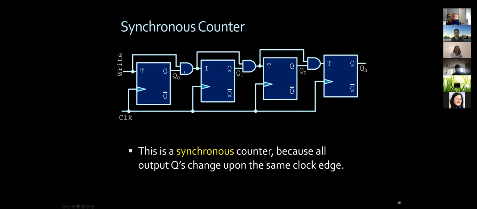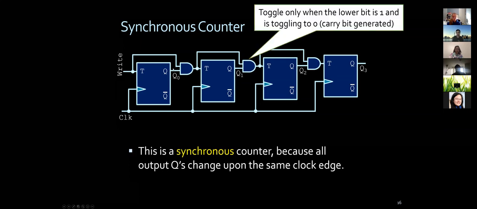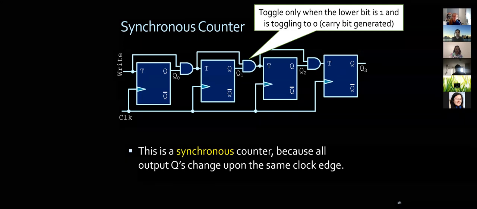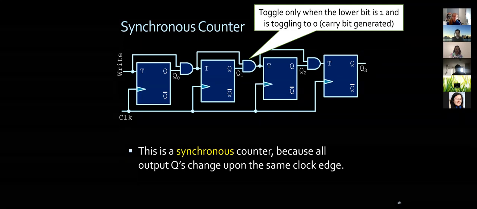In this case, I don't allow the value to propagate until this thing goes through, right? So it is only activated when this thing is changed, right? It only toggles when the lower bit is 1 and it's toggling to 0. So it generates a carry bit, all right?